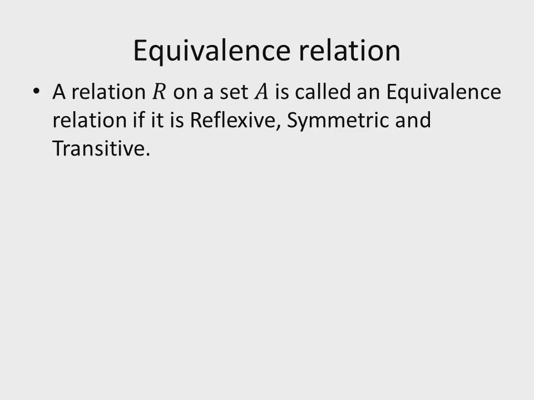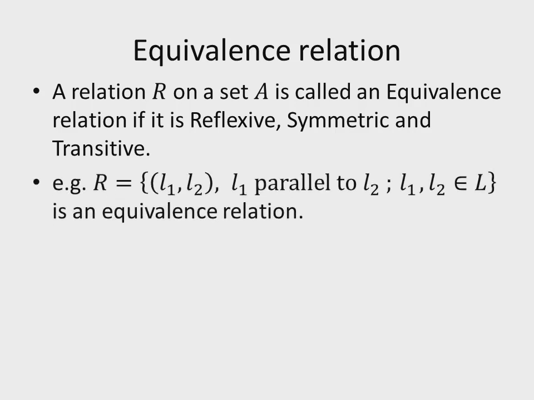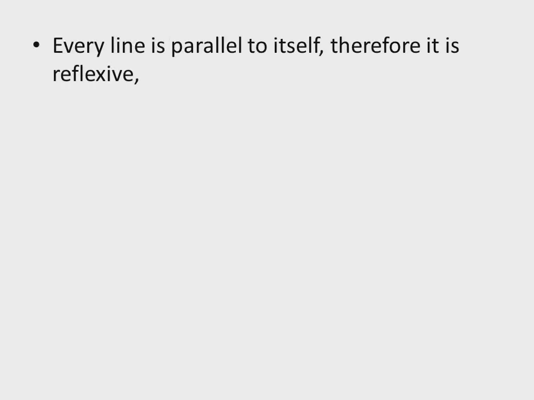Means if a relation has all the 3 properties of reflexivity, symmetry and transitivity, then it will be called an equivalence relation. For example, consider the relation defined on the set of straight lines, where R is considered as L1 is related to L2 if L1 is parallel to L2. Now how is it an equivalence relation?